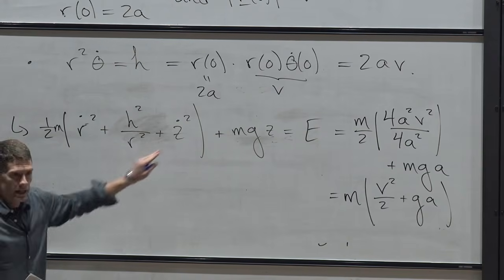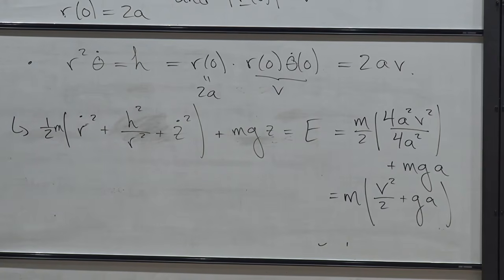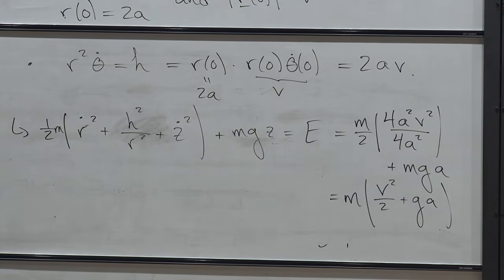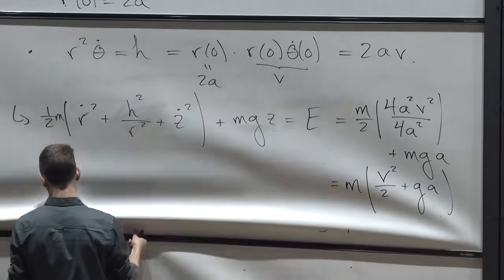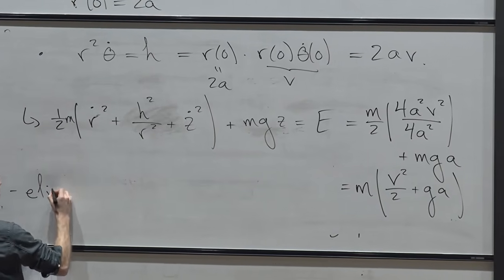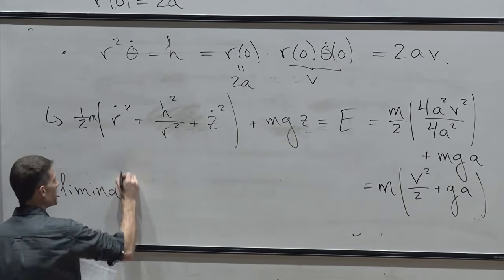I still have r's and z's, and as we said before, they're linked to each other by the fact that the marble is stuck on the surface, and the surface has a relationship between r and z. So I can eliminate r or z. Let's eliminate r in this case because I want to think about the value of z.